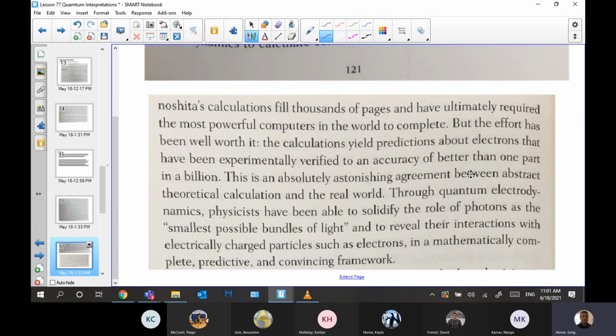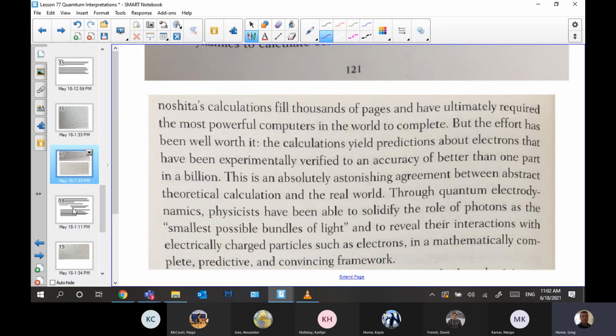Absolutely astonishing agreement, of course, between abstract theoretical calculation, the special relativity, the quantum world, and the wave theory all combined. Through quantum electrodynamics, physicists have been able to solidify the role of photons as the smallest bundles of light, to reveal their interactions with electrically charged particles such as electrons in a mathematically complete, predictive, and convincing framework. It is quite an achievement.